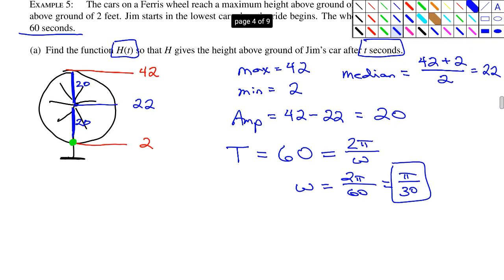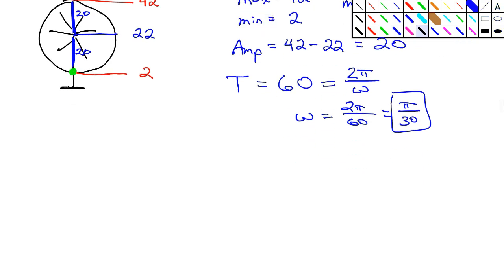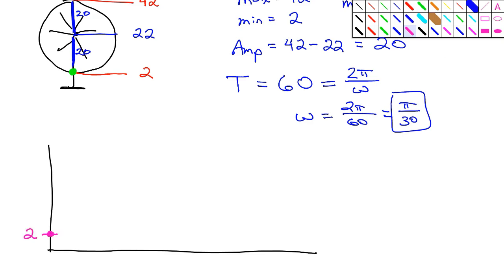Now let's take a look at our graph, and we'll graph it from what we know. We know that Jim is in the car that starts at the very bottom of the ride, and he's 2 feet above ground. We know that we have this median here in the middle, and we know that after 1 minute, 60 seconds, the ride returns to the bottom.